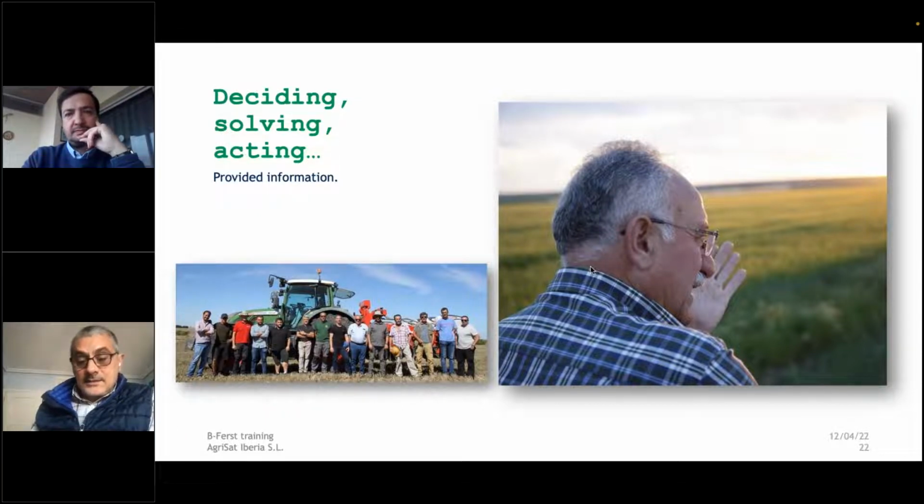Other times it is necessary to do different things, like irrigate or apply fertilizer or control pests and diseases. And in this sense, some derivative products are very useful, like the ones that my colleagues from AgriSat are going to present.